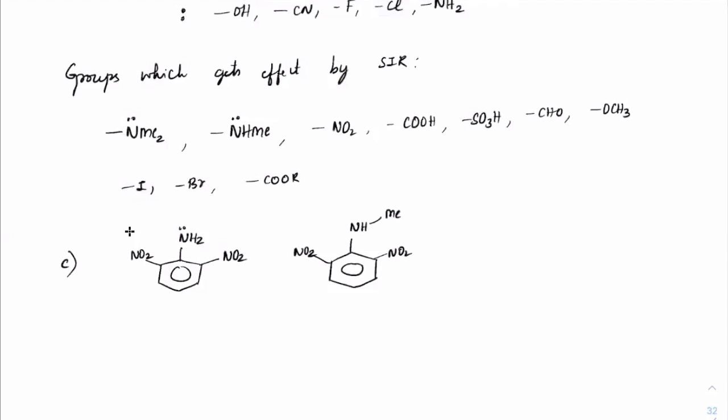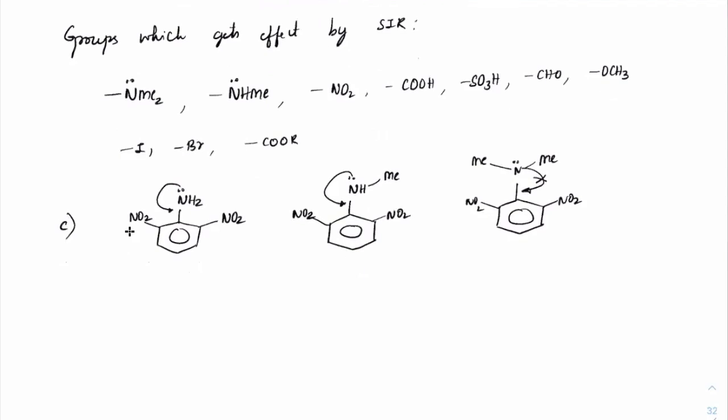Now this second one experiences SIR effect. And if you see the third one, where you have two methyl groups here, this experiences the maximum, where the resonance is almost cut completely. So this experiences the maximum SIR effect. NH2 here experiences the minimum SIR effect. In fact, we will still say that this resonance is quite feasible. Here, resonance is completely prohibited.